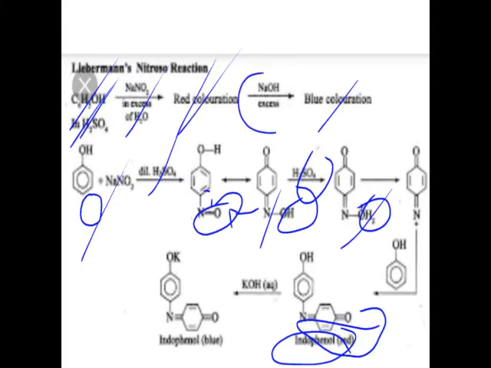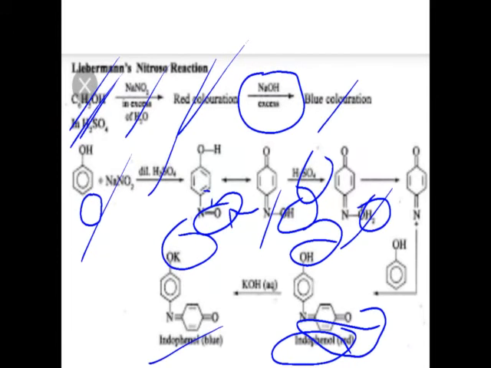And when we add an excess amount of NaOH, or you can say KOH, this hydroxy group is replaced by the salt, and we get the blue color complex. So the hydroxy group is replaced by K, or if we add NaOH, we get ONa.